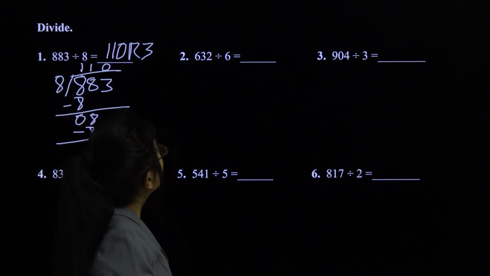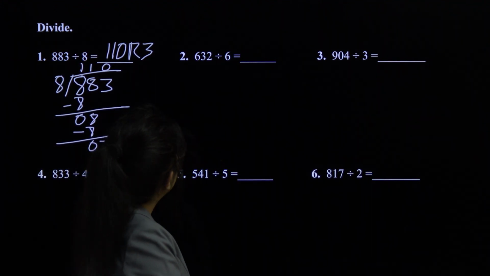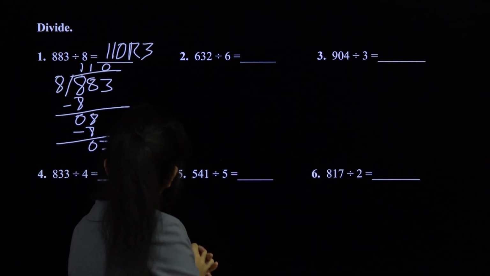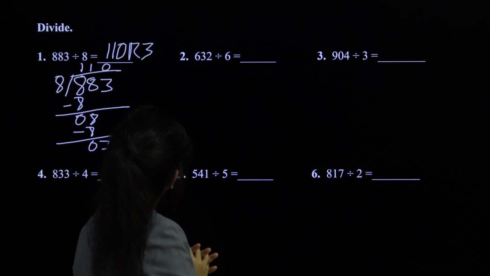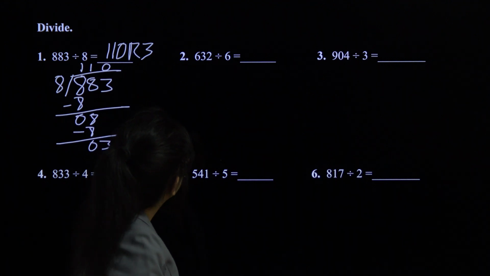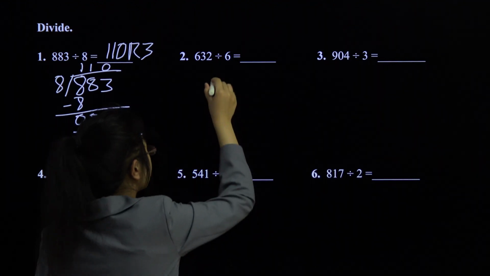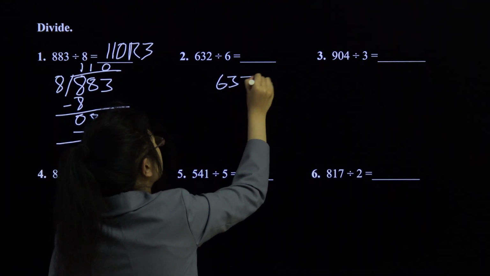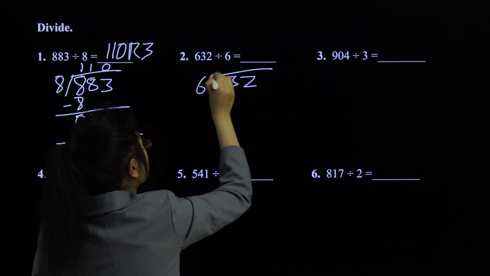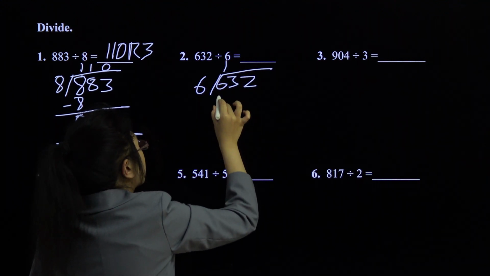Here, we have something else. 632 divided by 6. Six goes into 6 once.